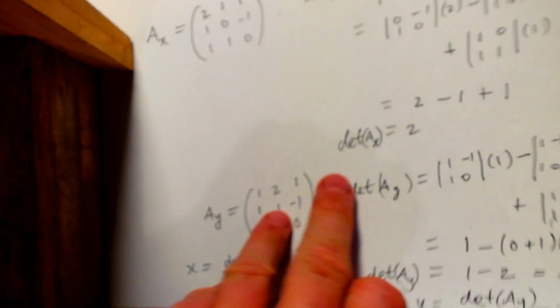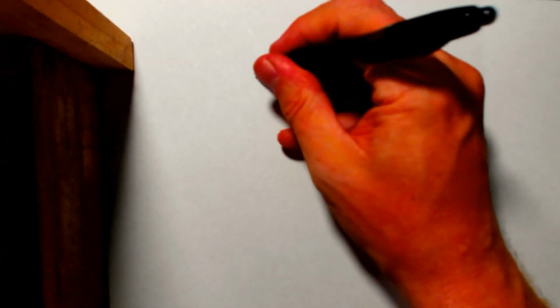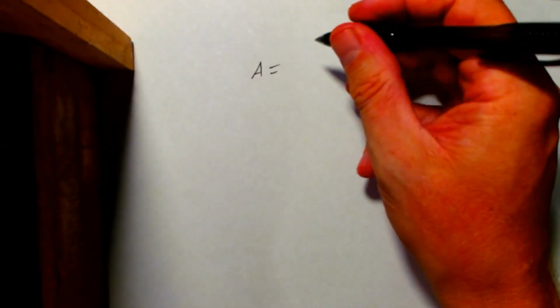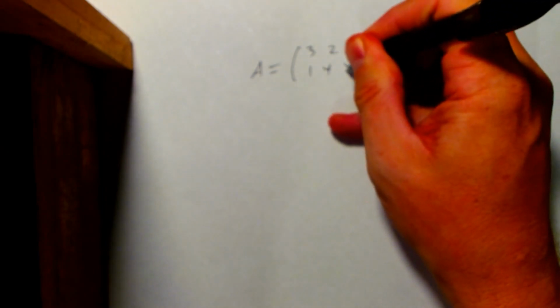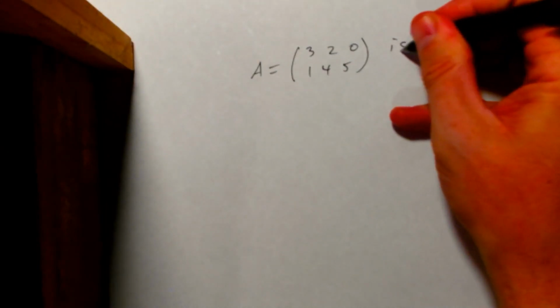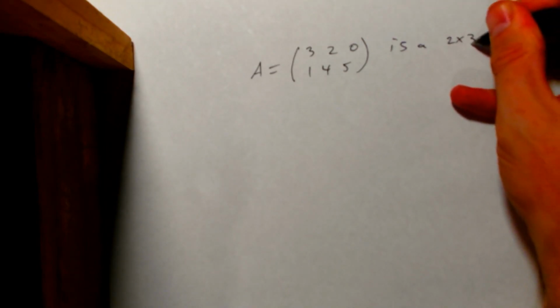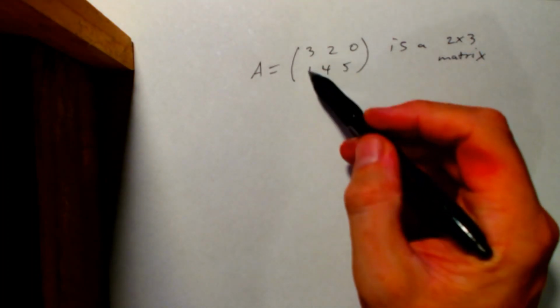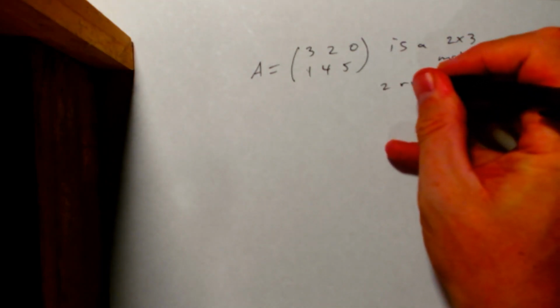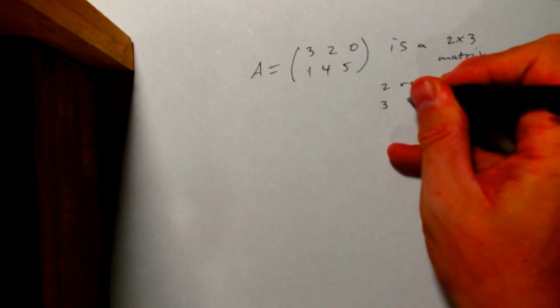Okay, so now what we're going to do is talk a little bit more about matrix multiplication. Alright, so let's just briefly discuss the 2 by 3 matrix 3, 2, 0, 1, 4, 5. Now this is a 2 by 3 matrix. In other words, it's got 2 rows and 3 columns.